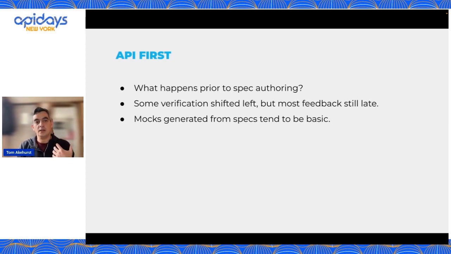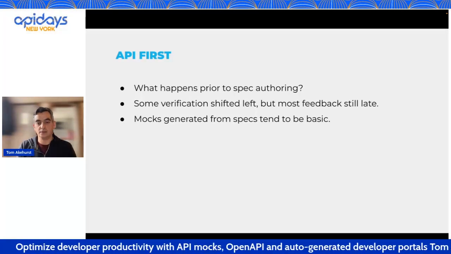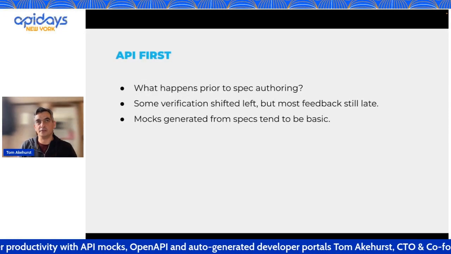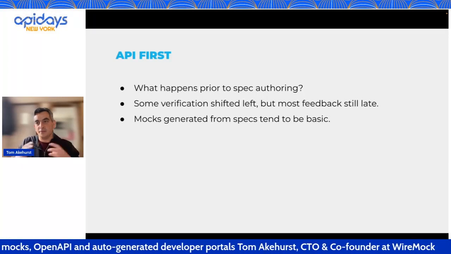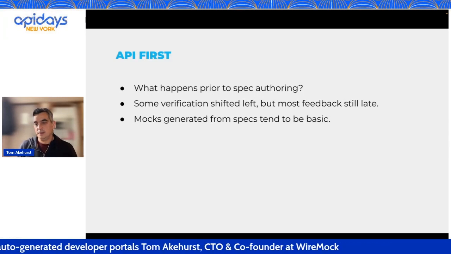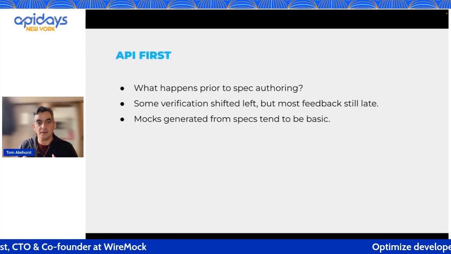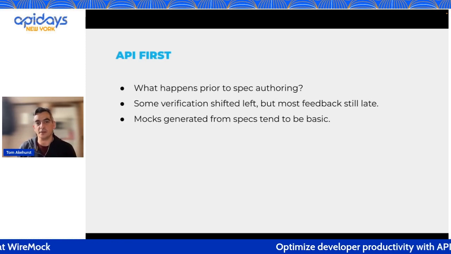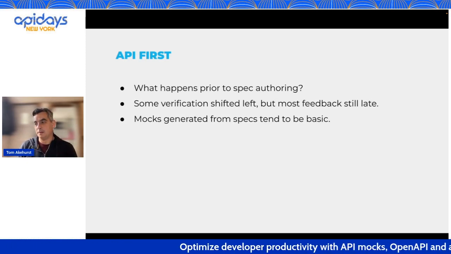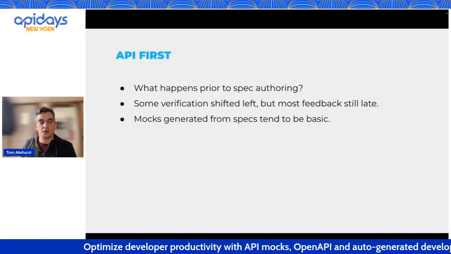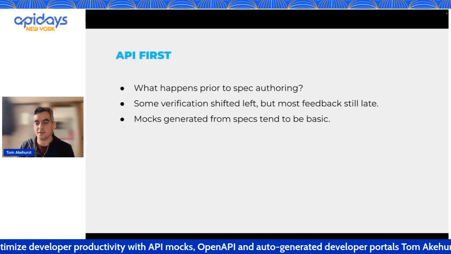And finally, I'd say, although mocks being generated from within this process can definitely help, the practicalities of generating mocks purely from OpenAPI is that they tend to be somewhat basic and not representative of perhaps the full breadth of behavior and complexity of the API that you're really working on. So this feeds into the previous point to some extent, that the feedback that derives from those nuanced cases only happens when you get a real implementation.